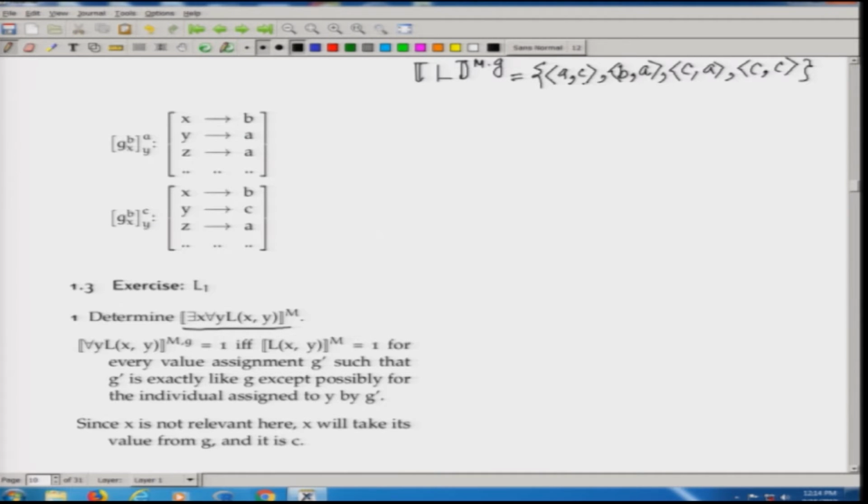Now how to compute the value of this thing. You see, there are 2 steps in it. The basic formula is LXY, which is formed by using B2 of our syntactic rules, where this is a term and this is a term and this is a 2 plus predicate.